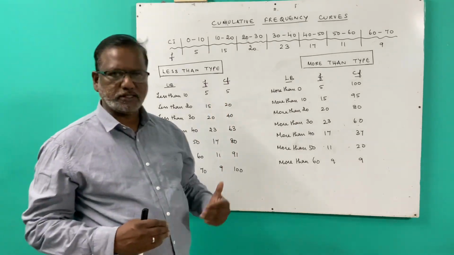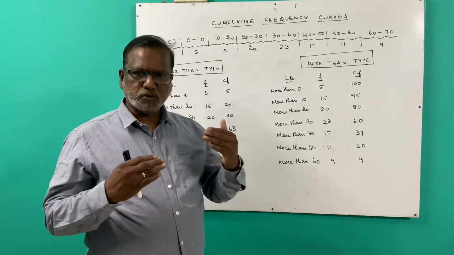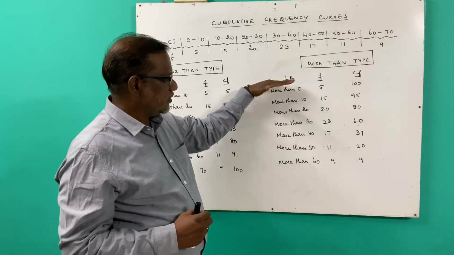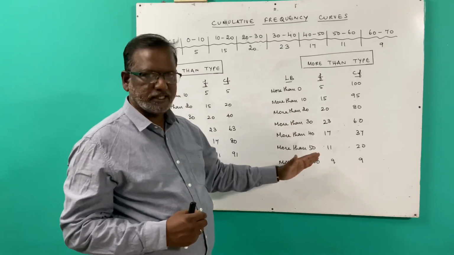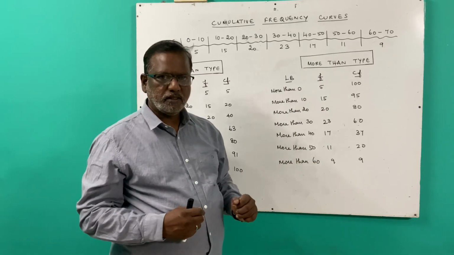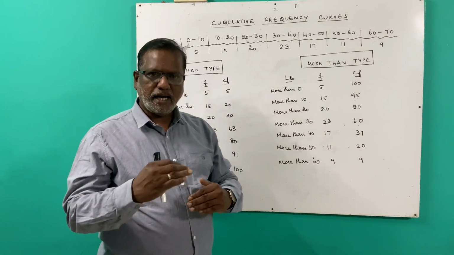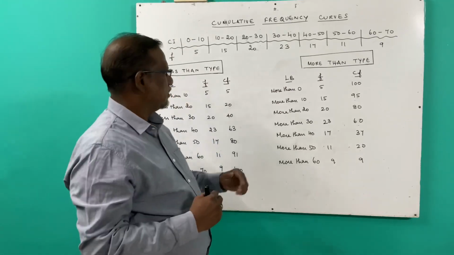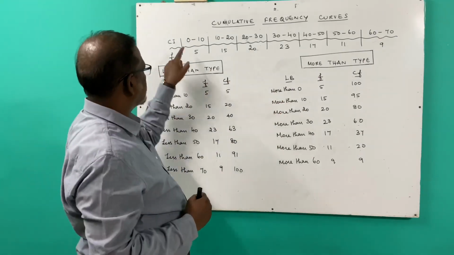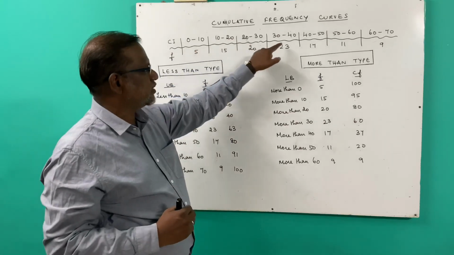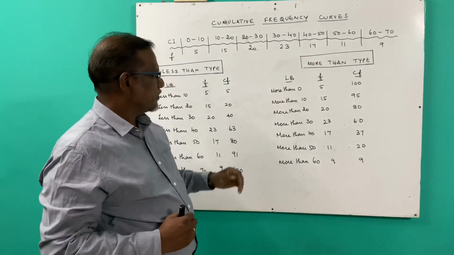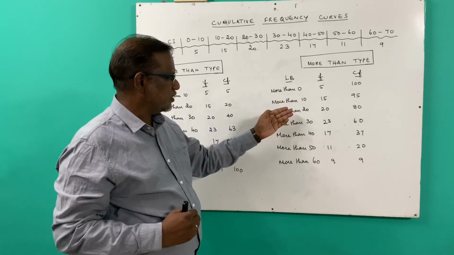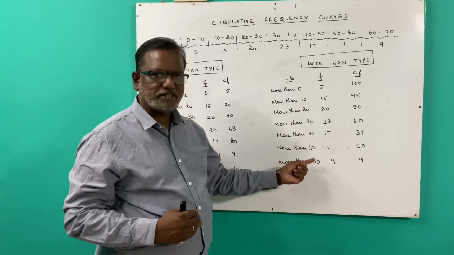Similarly, suppose they ask you to draw the more than type frequency curve. In such a case, we write the lower boundary, frequency and the cumulative frequency, which is obtained by adding the frequencies from bottom to the top. For example, we have the lower boundaries as 0, 10, 20, 30, 40, 50 and 60, and hence we write more than 0, more than 10, more than 20 and so on till more than 60.